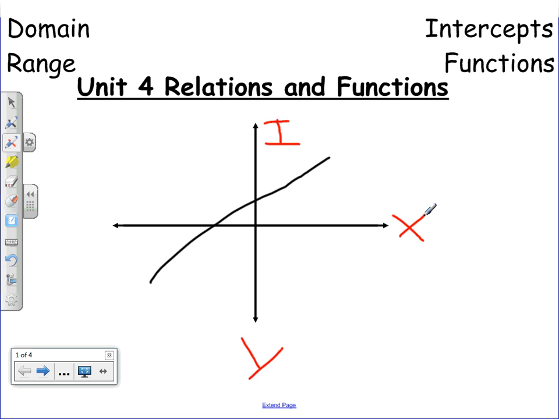Are you sure? Not always. What about 15? Is every person in here who's 15 going to have a different height? No, I'm willing to bet that's not true. There are going to be people in here who are 15 and have the same height. So that would be a relation, but not a function, because they share things.